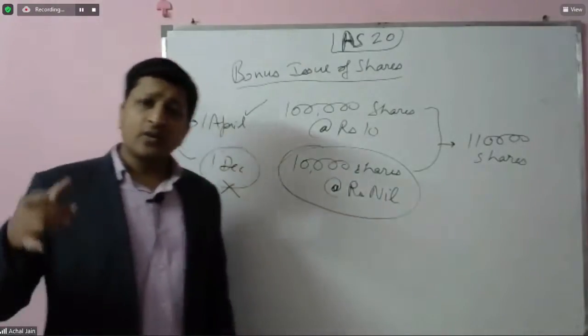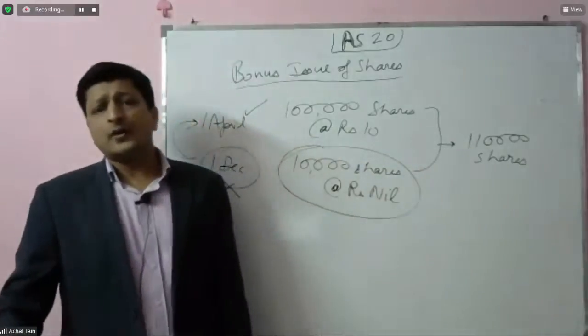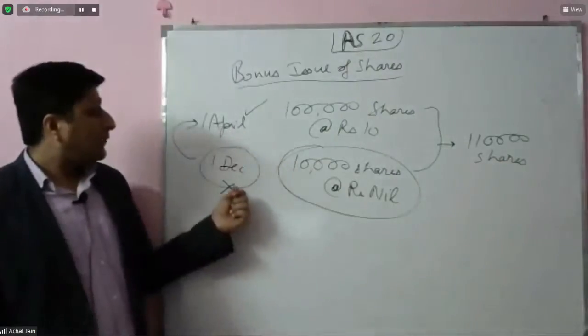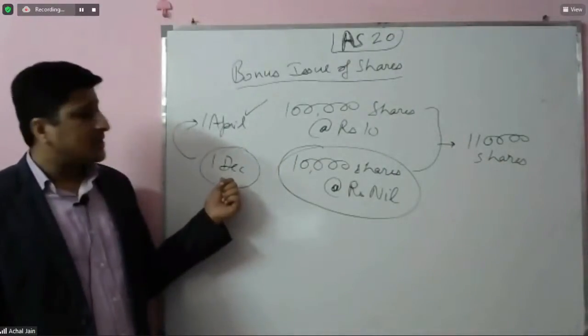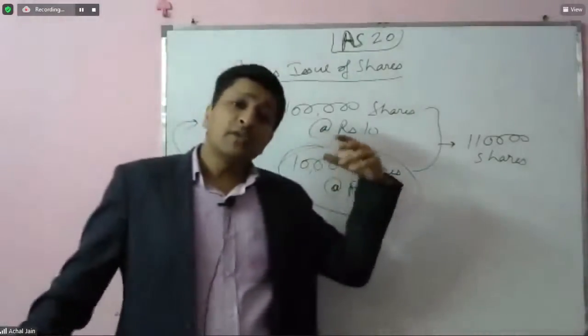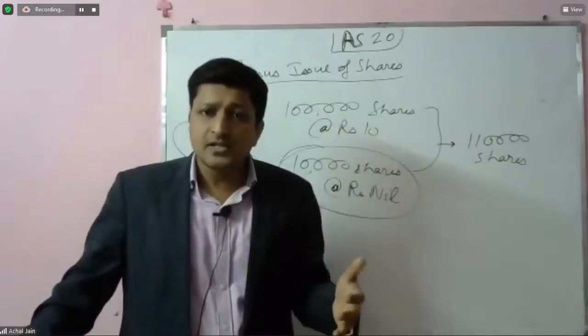So let's now try to understand with the help of an example what adjustment is required and how it is to be done. We will not consider this number of shares from this date, we will consider it from this date. How will we consider the number of shares from the last year? What will happen to the last year's EPS?